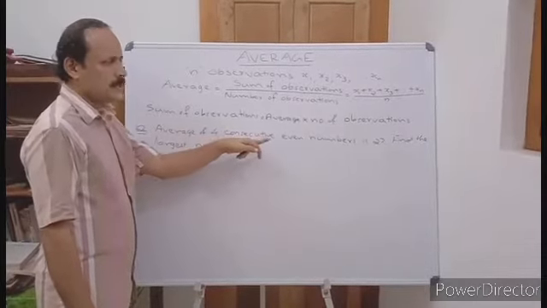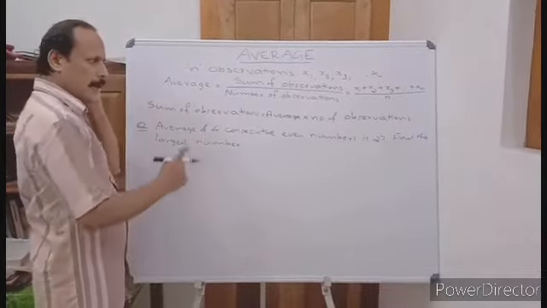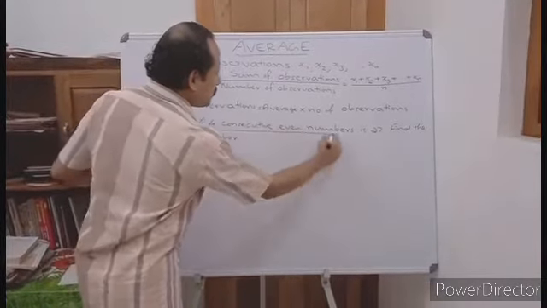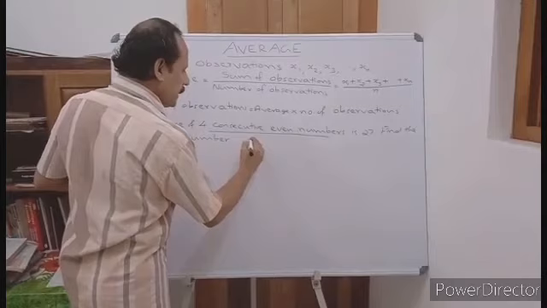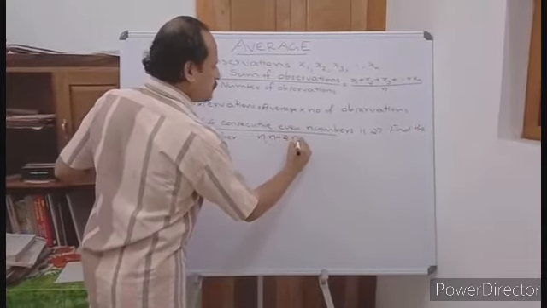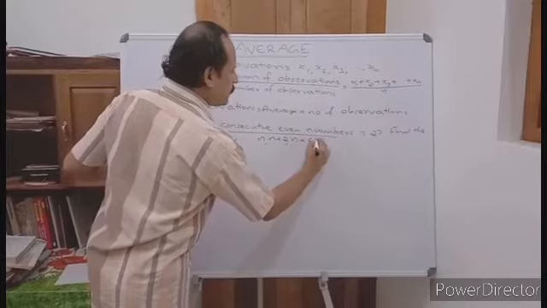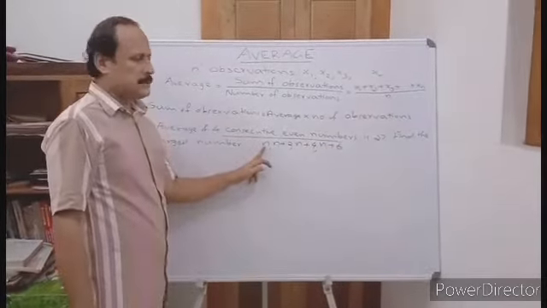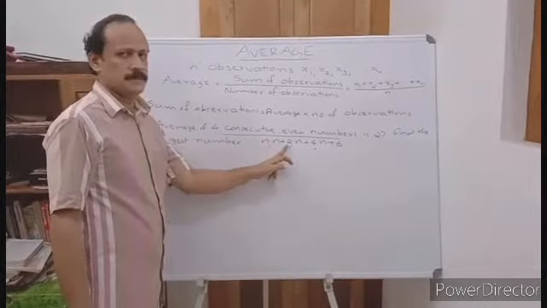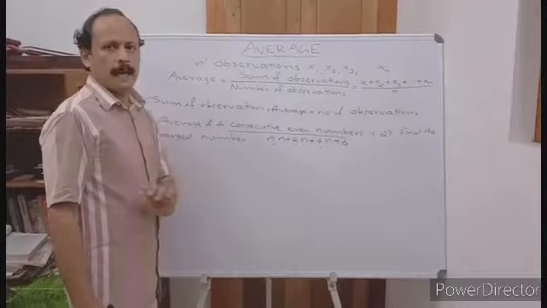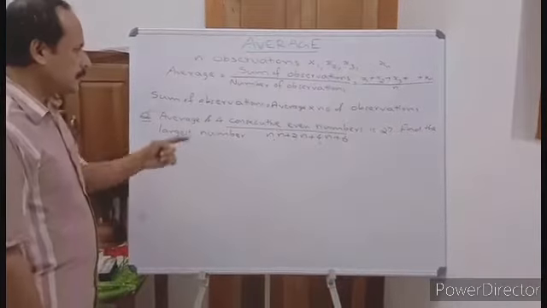They are consecutive even numbers, and you assume that the consecutive even numbers are n, n plus 2, n plus 4 and n plus 6. If n is the first even number, the next one is n plus 2, then n plus 4 and then n plus 6.